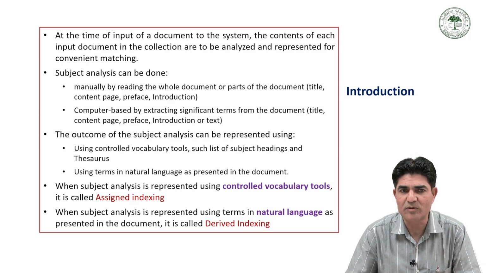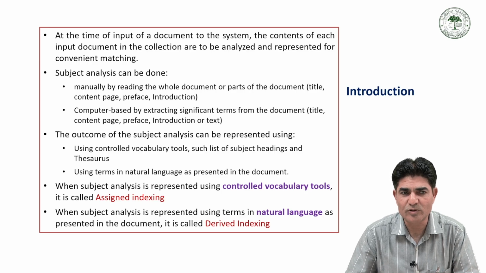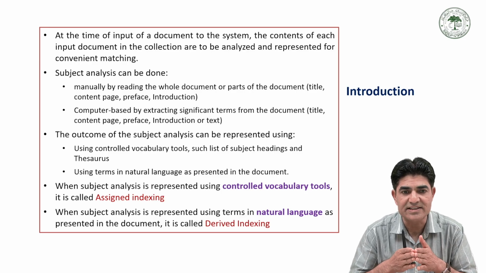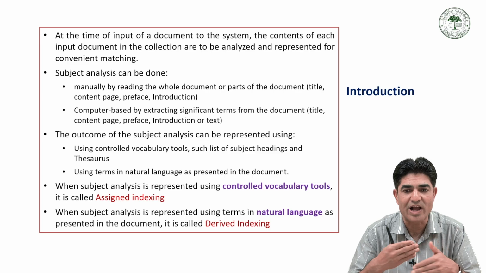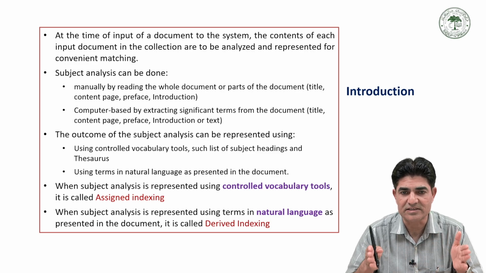The outcome of the subject analysis can be represented using controlled vocabulary tools like a list of subject headings and the thesaurus, or using terms in the same language as included in the document. When the subject analysis is represented using a vocabulary control tool, it is called the assigned indexing system.